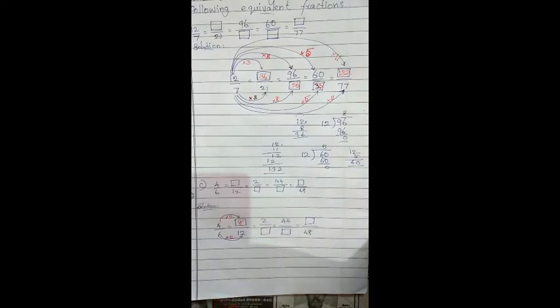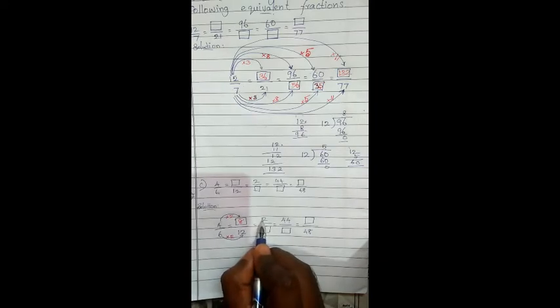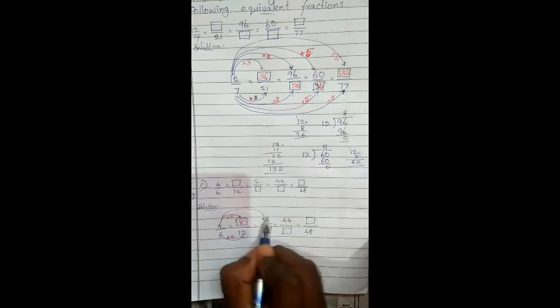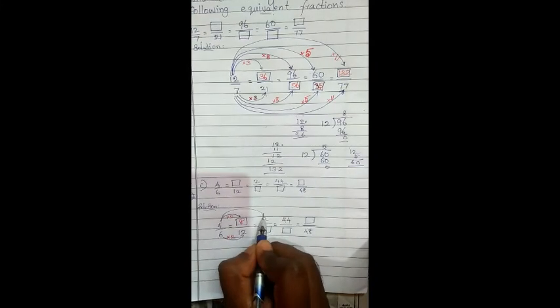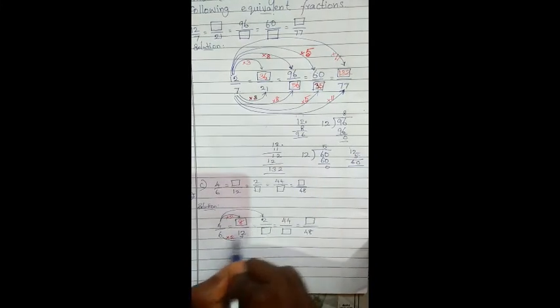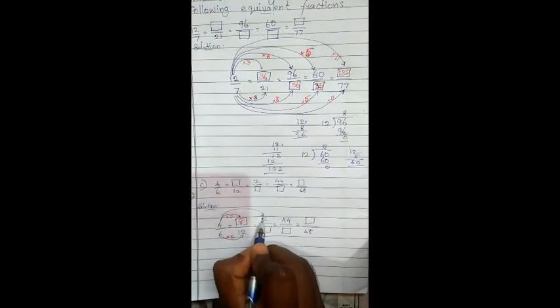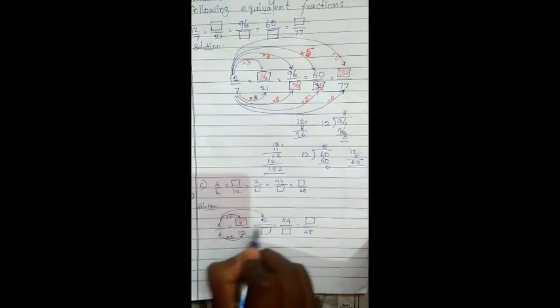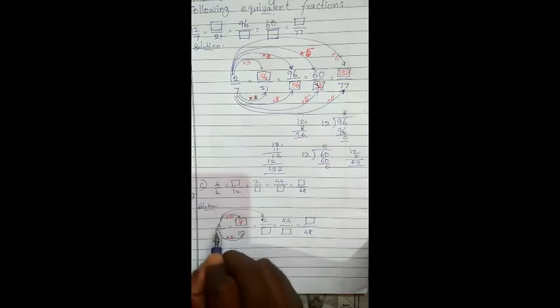Okay. Now you see the next part. We have 4 in the numerator and 2 here. So this 2 is more than 4 or less than 4? Very good. It is less than 4. Correct. How did we get it? If you multiply by some number, we will get more. Then by division. Yes.